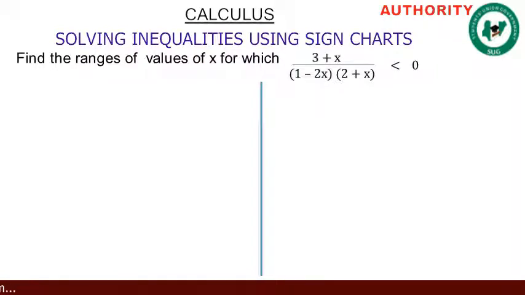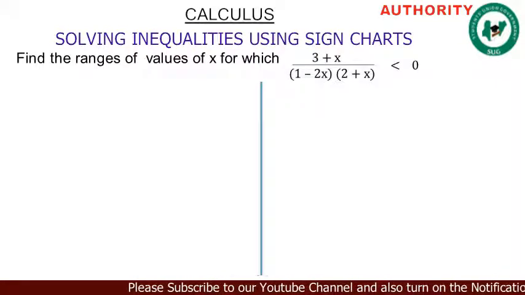What we're going to do here is remove this denominator. We want it in one line, we want to remove the fraction and let it be linear.